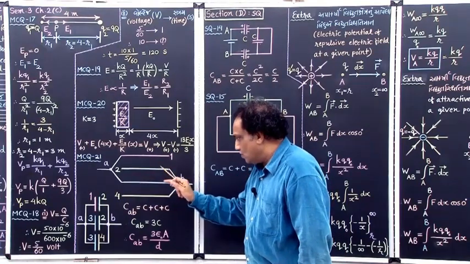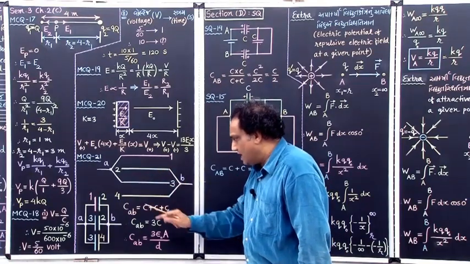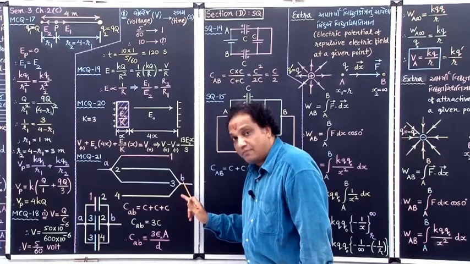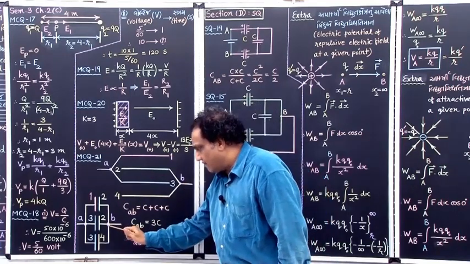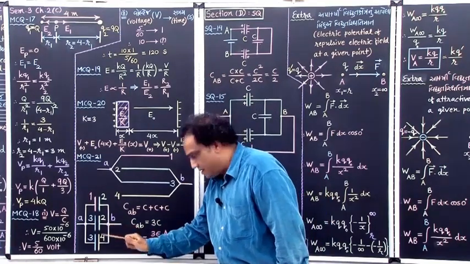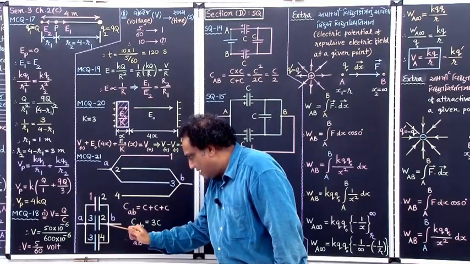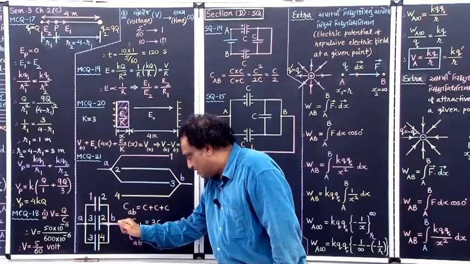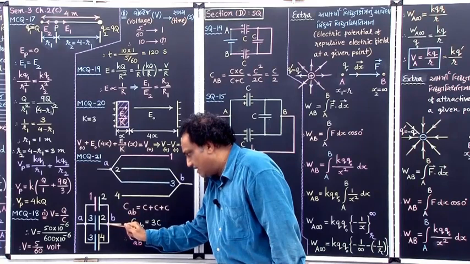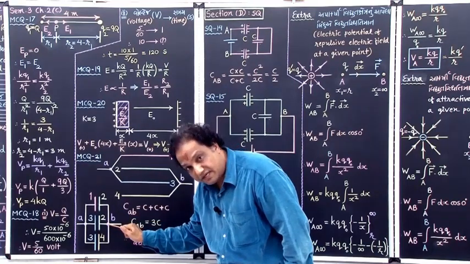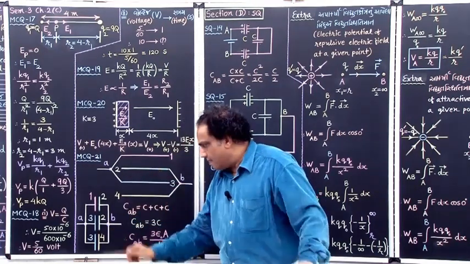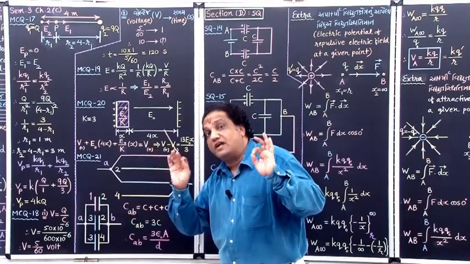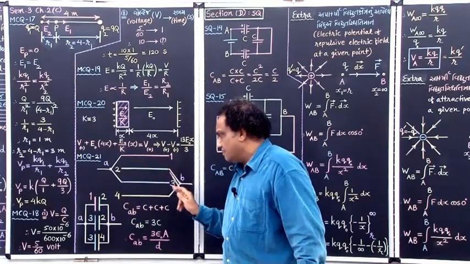Plate number 2, upper and lower faces of plate number 2 and plate number 4 are connected at point B. Here also you can verify. Correct? So in all respects, this arrangement is quite equivalent to this arrangement.